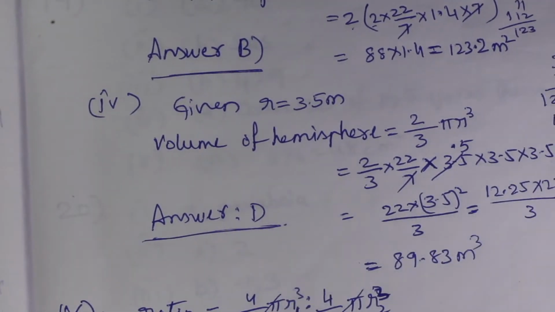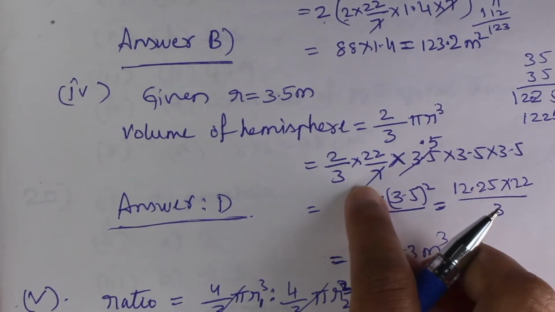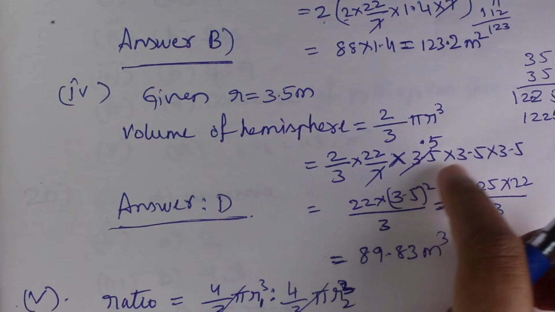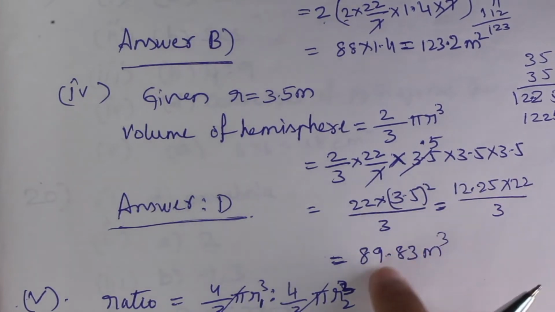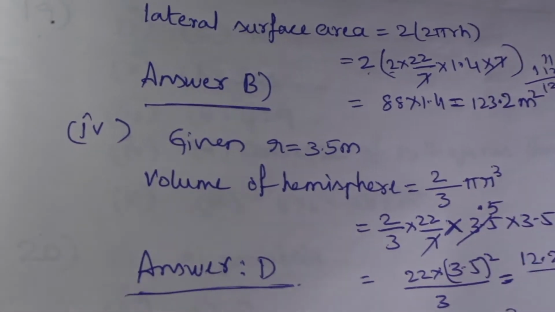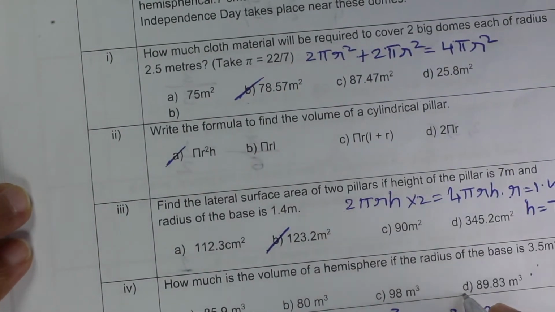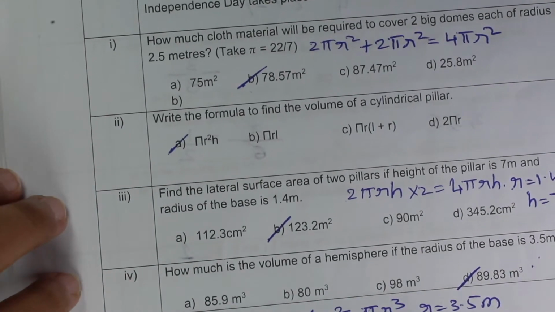So volume of the hemisphere is 2 by 3 pi r cube. So 2 by 3 into 22 by 7 into 3.5 into 3.5 into 3.5, that is equal to 89.83 meter cube. So the answer is D for this question.